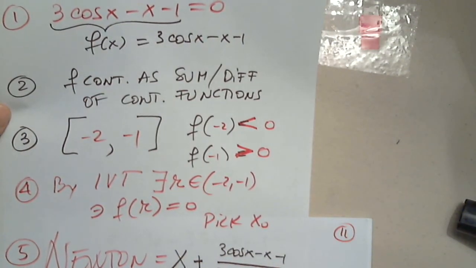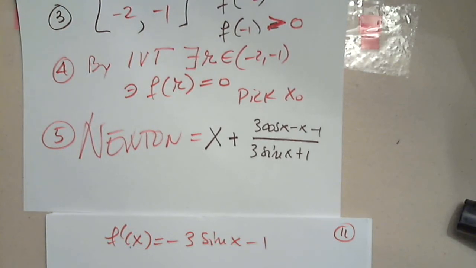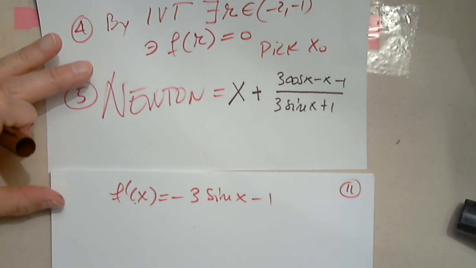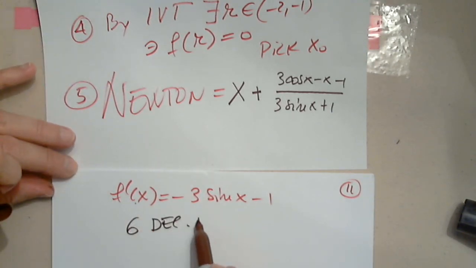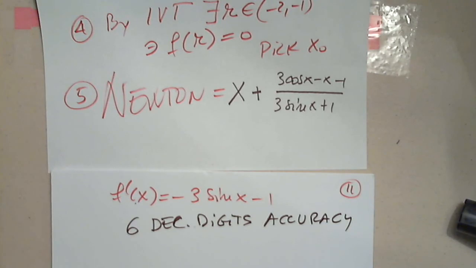So this is 3 sine x plus 1. I don't want to have too many negatives. The final step before we put this in the graphing calculator, let's say we want 6 decimal digits accuracy, so we know when to stop.